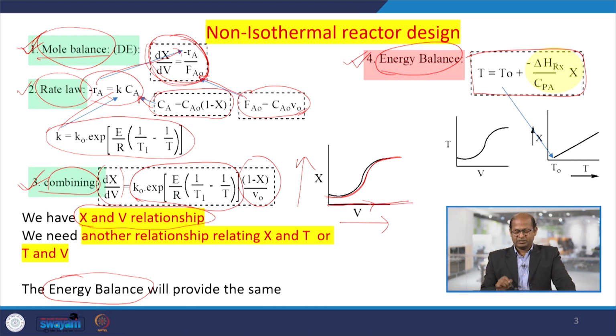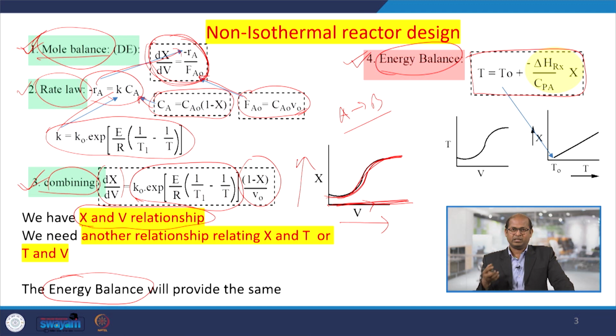Once the conversion progresses along the length, if we change the reactor volume along this direction, the conversion also gradually changes along this way for a particular reaction. Once the conversion gradually increases inside the reactor, and we are operating adiabatically, any extra heat developed inside the reactor we are not taking out.